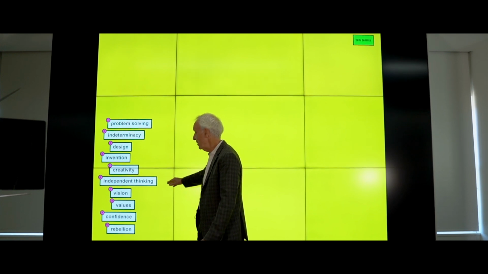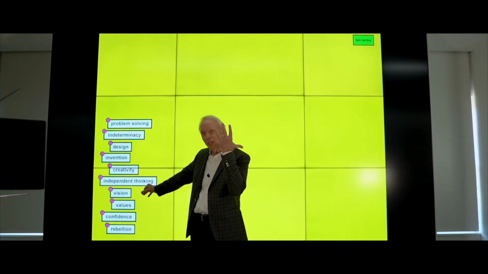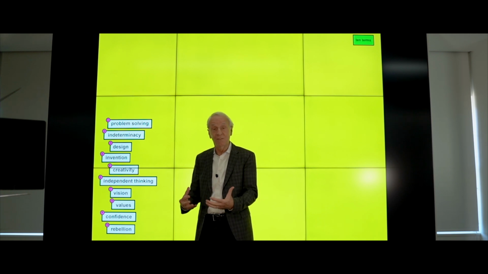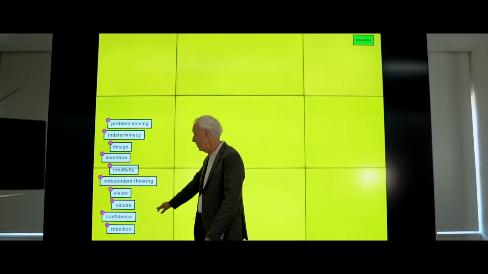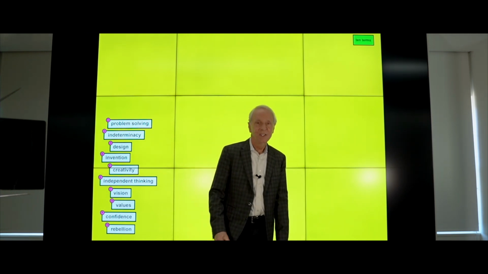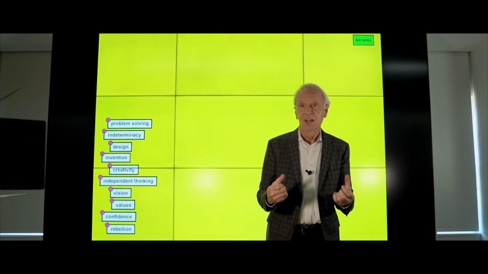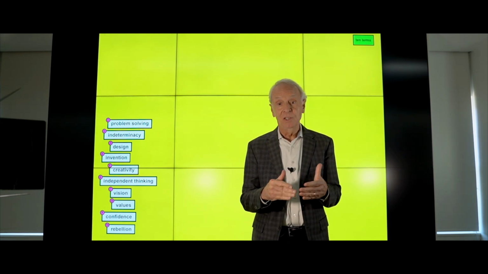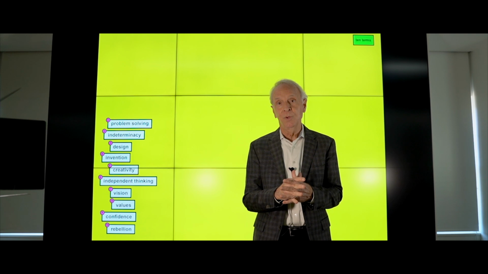Essential to have independent thinking, to be able to envision things in the future, to incorporate values that you bring to the table, and to have the confidence and the rebelliousness to really bring those things to fruition. So we'll be looking at these terms all the way through, especially the first half of the semester.